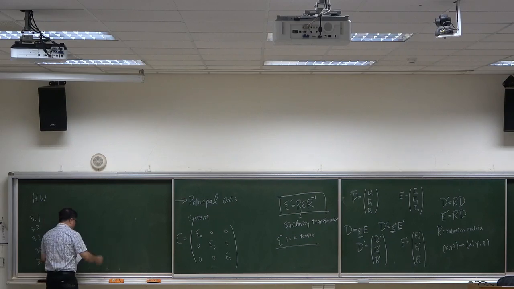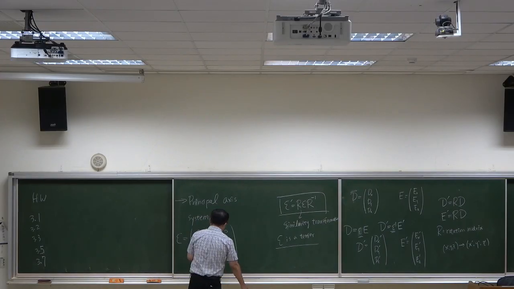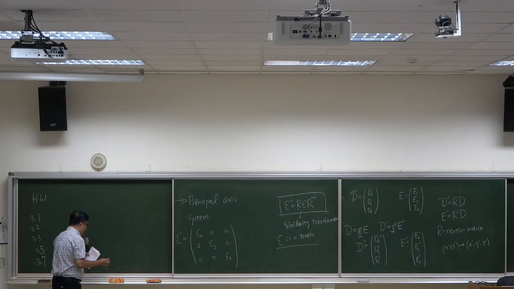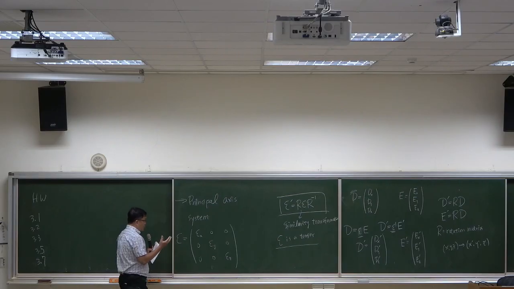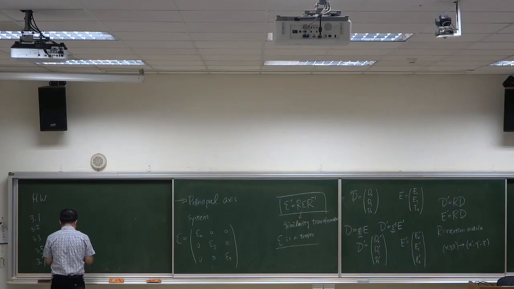We now want to find the propagation behavior of the electromagnetic wave in an anisotropic medium. Okay, and we choose our coordinate system to be the principal axis system.